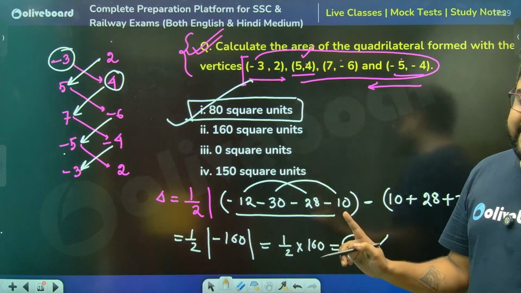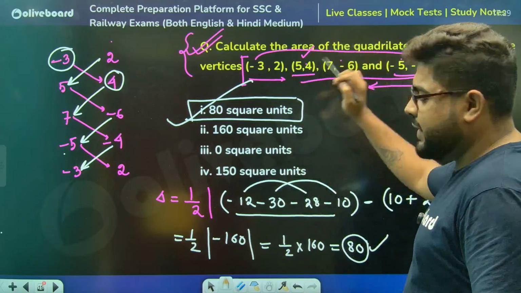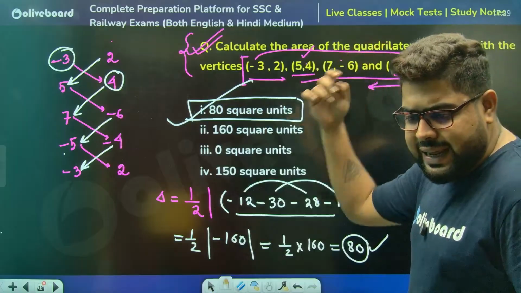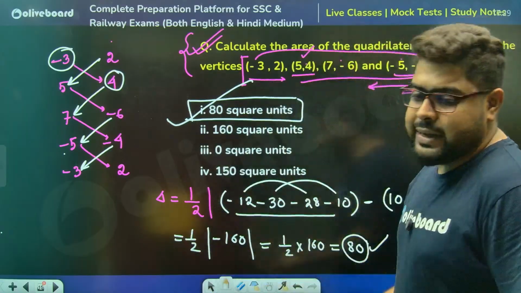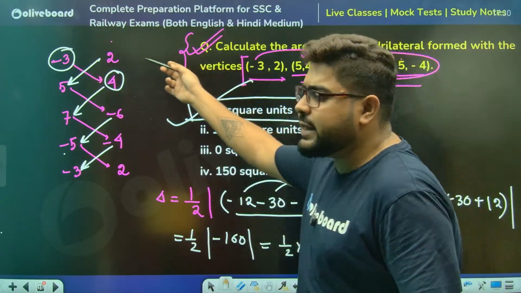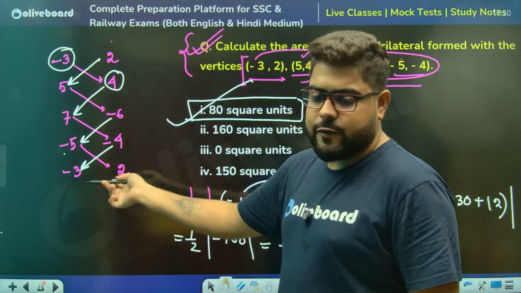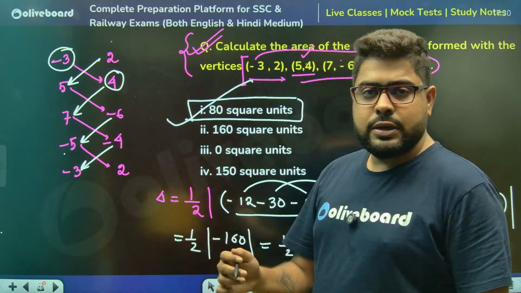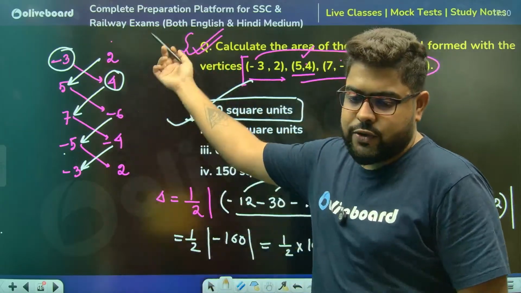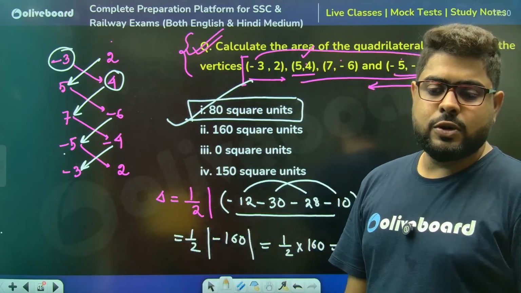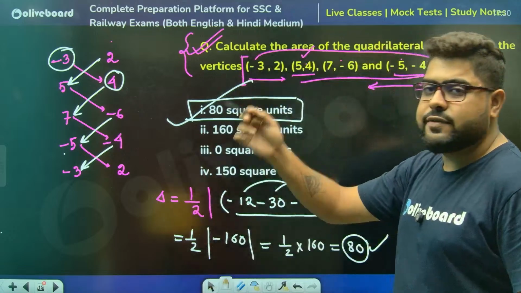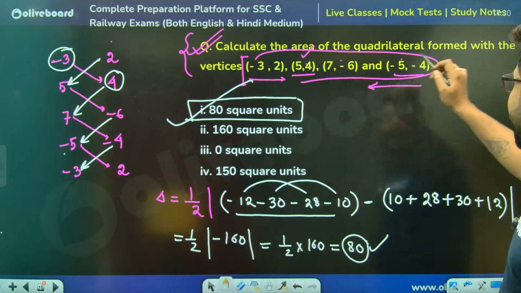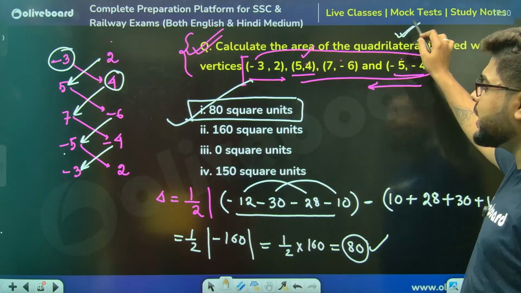So please understand, be it triangle, rectangle, any quadrilateral, pentagon or hexagon: if it is a pentagon, there will be one more vertex; if it is a hexagon, two more; if it is a decagon, five more. But it will always give you the result. There is no better technique to calculate the area of any polygon than this.